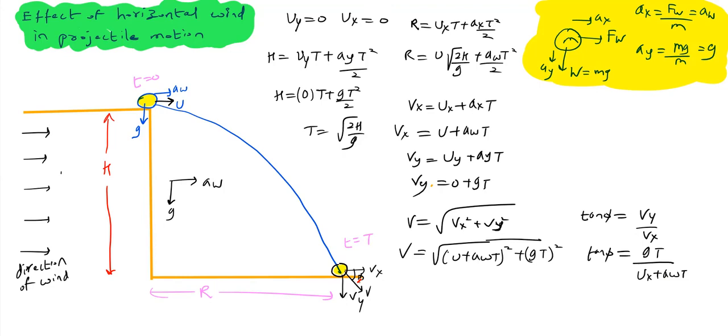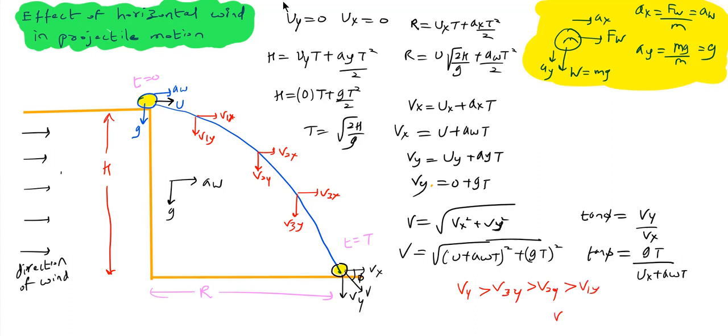Now let's analyze what will happen to the components. Here V1x, V1y, V2x, V2y, V3x, V3y. Then with time, what do we get? Vy greater than V3y, greater than V2y, greater than V1y.